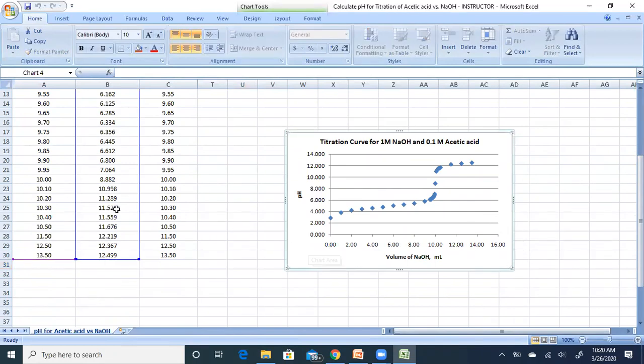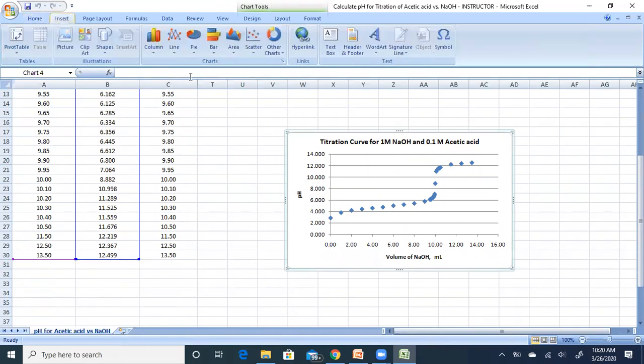I take the first two columns and then I go to insert. So I have this pH with volume graph. One way you can identify your equivalent point is to see the jump here. You see the quick increase of the pH in this area.